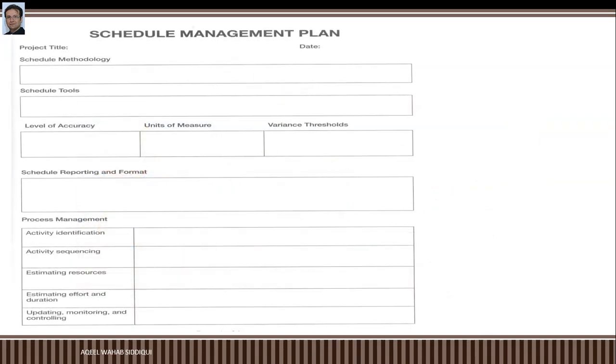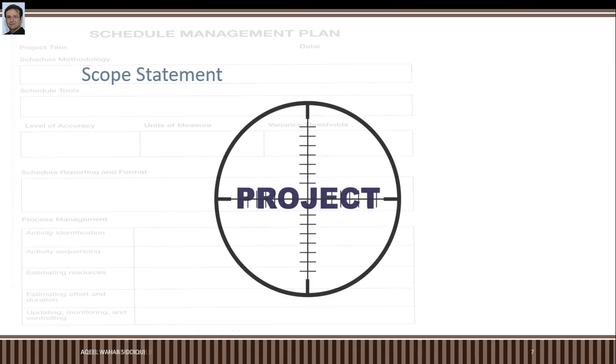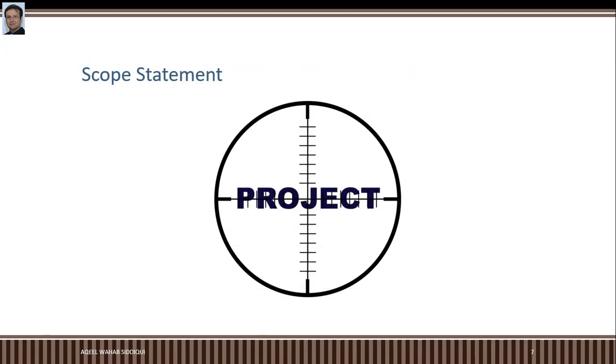You need the schedule management plan, which contains scheduling tools, methodologies, reporting formats, activity identification, sequencing, estimating resources, and different things. You also need a scope statement. What is a scope statement? A scope statement is a comprehensive document which contains what is included in the project and what is excluded from the project.